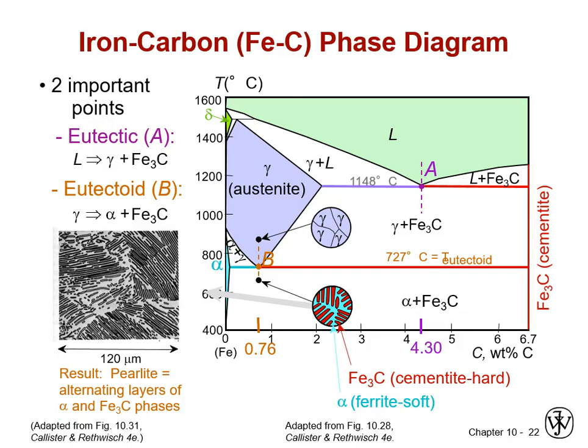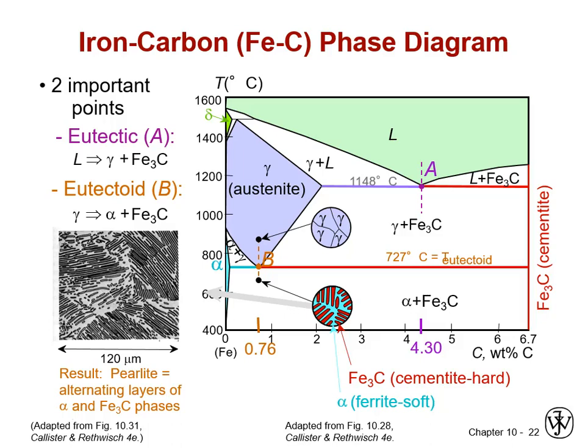These tend to be finer because now, rather than having all of that segregation happening in a nice fast diffusion liquid, all that stuff has to scramble around within the gamma solid phase. So it's a much, much slower transformation. But it still happens, especially given the fact that it's happening still up at 700, almost 730 degrees C, where even in solid state gamma, diffusion is still pretty fast.